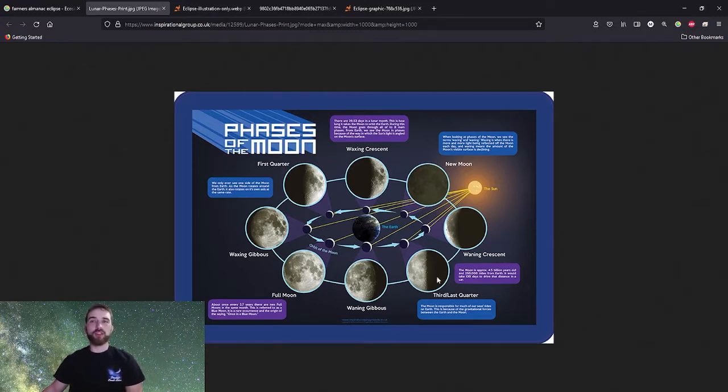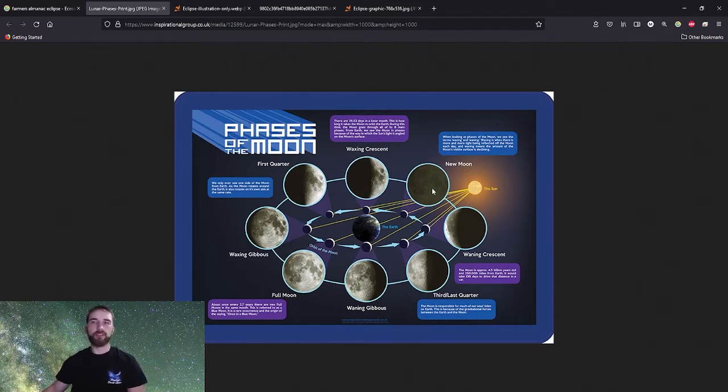And we know that the moon revolves around the earth, but it doesn't do it in a flat line. What it does is it will orbit around the earth, but the orbit is tilted. So it will change its position periodically. So it may not always line up with the earth.